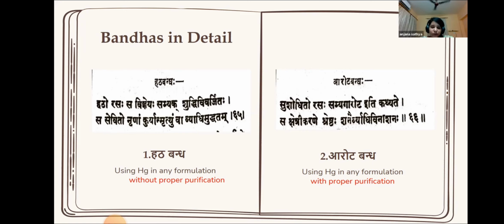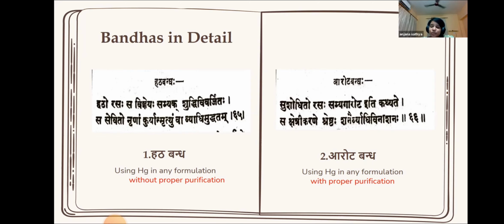On the contrary to Hata Bandha, Aroda Bandha is a good bandha, because in Aroda Bandha mercury is properly purified before using it in a formulation. So that is a good bandha, which is therapeutically suitable also.